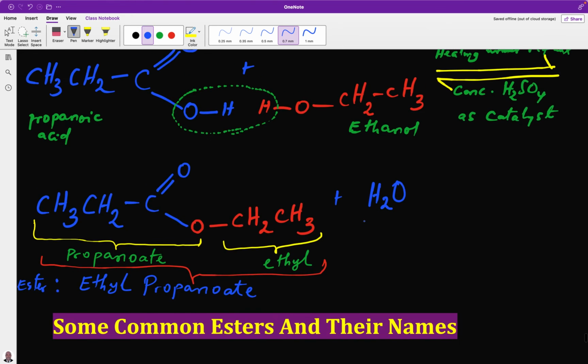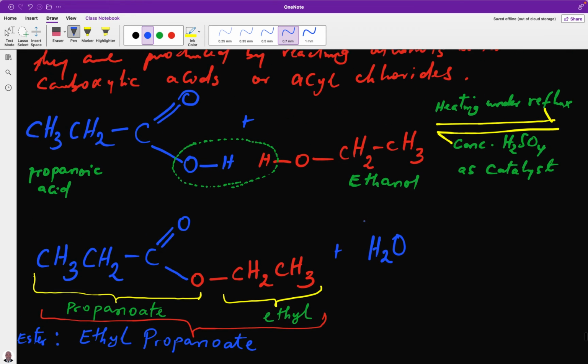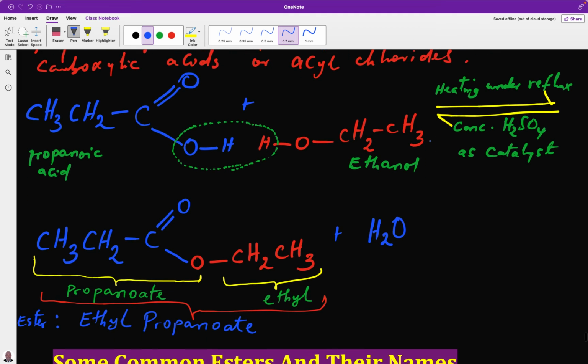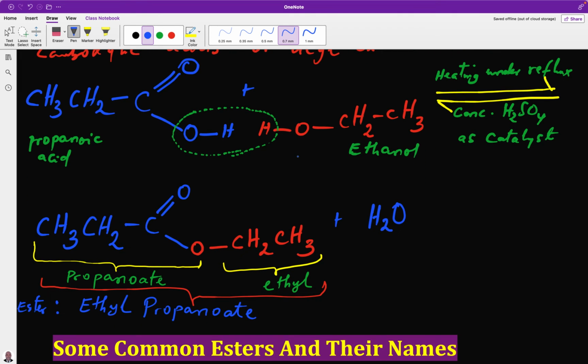So, as I said, esters are produced by reacting alcohols with carboxylic acids or acyl chlorides. An example is propanoic acid and ethanol. When they react using a suitable reagent like concentrated sulfuric acid acting as a catalyst, heated under reflux, the product produced will be ethyl propanoate.